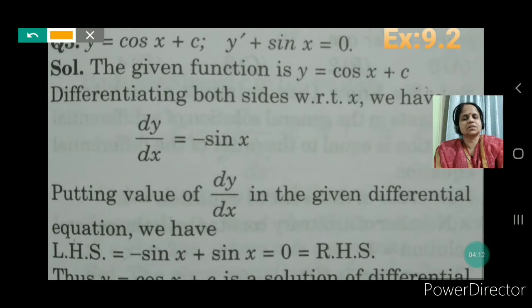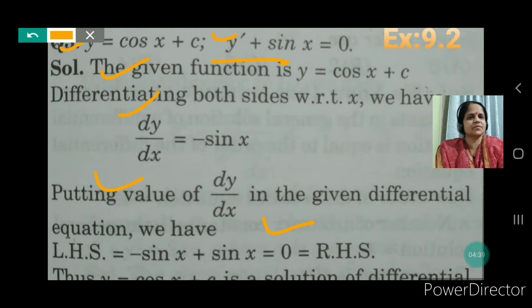Here the function is given, y is equal to cos x plus c, and we have to show that it is the solution of y dash plus sin x is equal to 0. So take the derivative, differentiating both sides with respect to x, you will get dy upon dx is equal to minus sin x. By putting the value of dy upon dx in the differential equation, you will get minus sin x plus sin x is equal to 0.